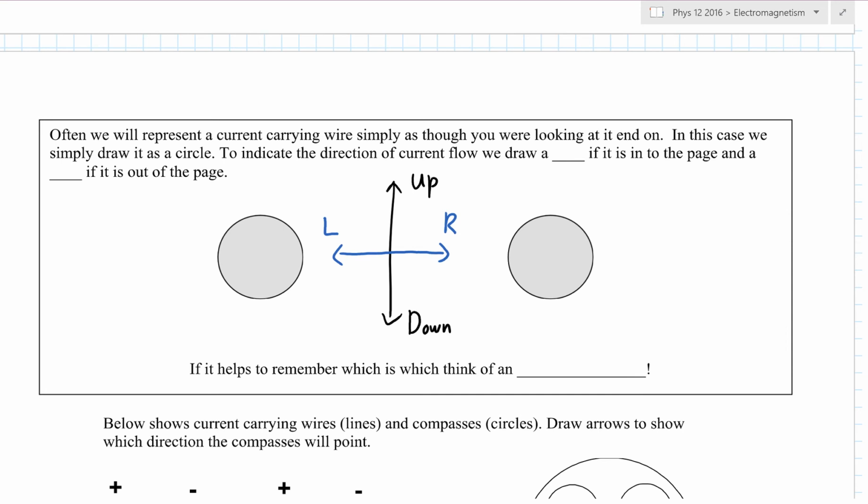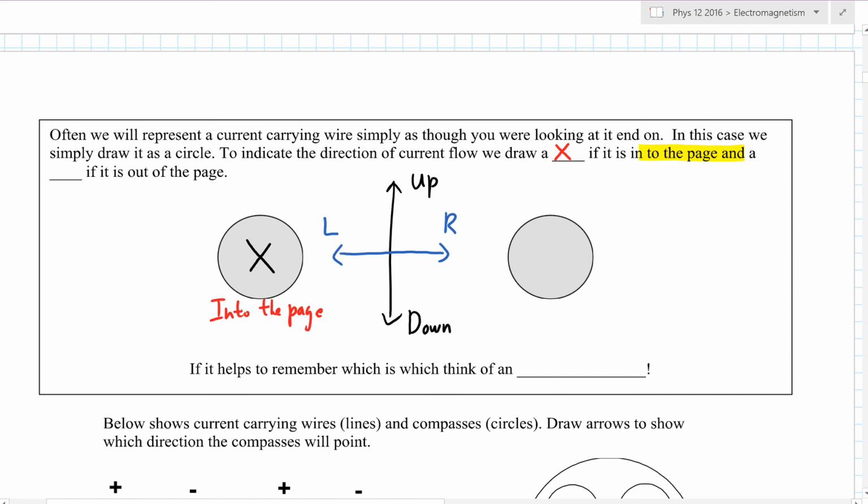Well, the problem is going to be solved by 2 more symbols. If we want to represent into the page, we'll draw a little cross. So a little cross means into the page.